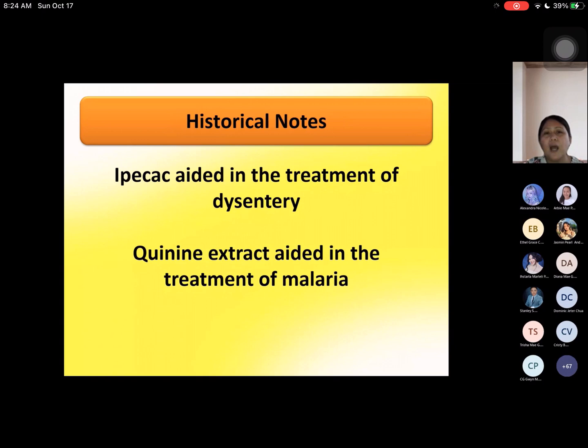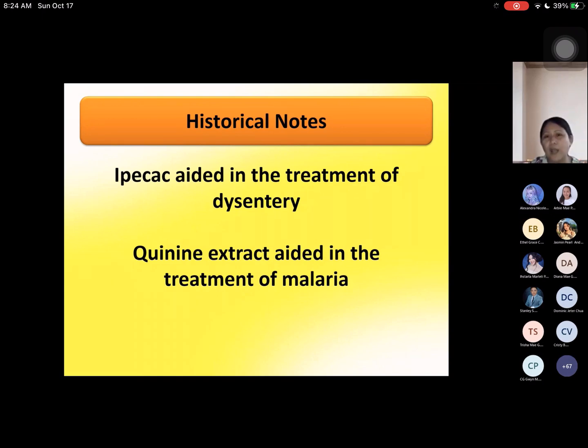For the historical notes, we have a brief history of where these antimicrobial drugs, or antibiotics, started. Ipecac aided in the treatment of dysentery. For thousands of years, people have been using herbs and chemicals to treat infectious diseases. If you didn't experience this in your time, I actually experienced it before.